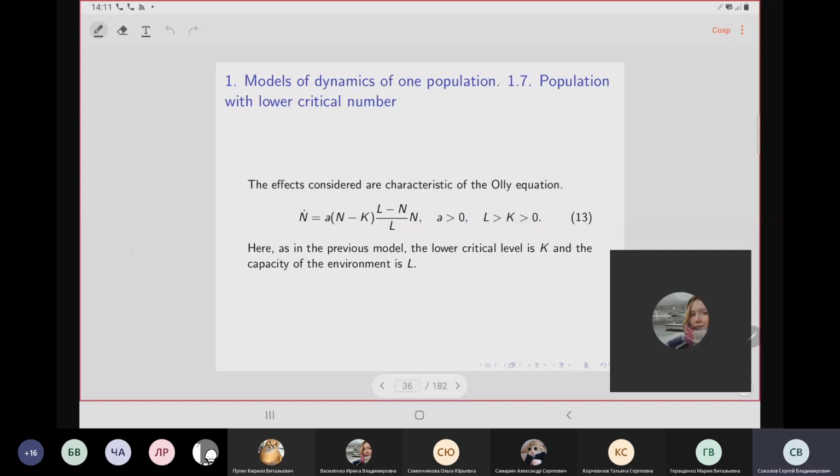Another way to see these features, we just simplify the equation.